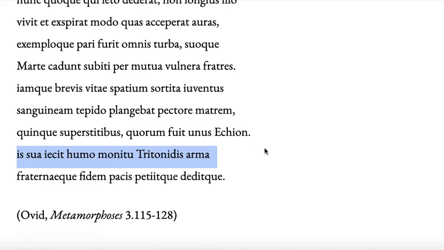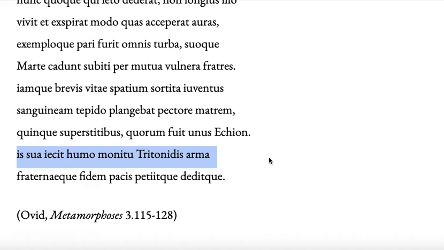And then let's have a look at this next line. Is sua iecit humo monitu Tritonidis arma. So here we are. So is means he, and then iecit, he threw, right? Perfect tense of iacio, I throw.